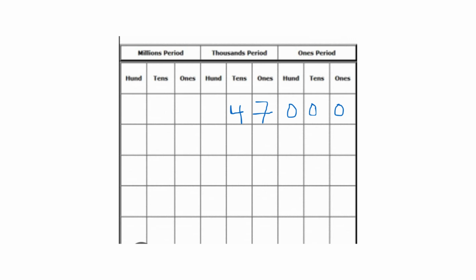Now, let us put this number, 5000345, in the table to see how we put it in the table. Putting it in a table is simple. I told you, you just start from your right. The first number on my right is 5, so I put it in ones.